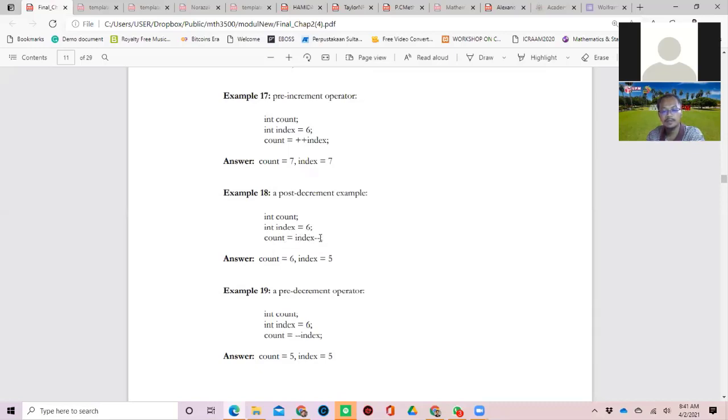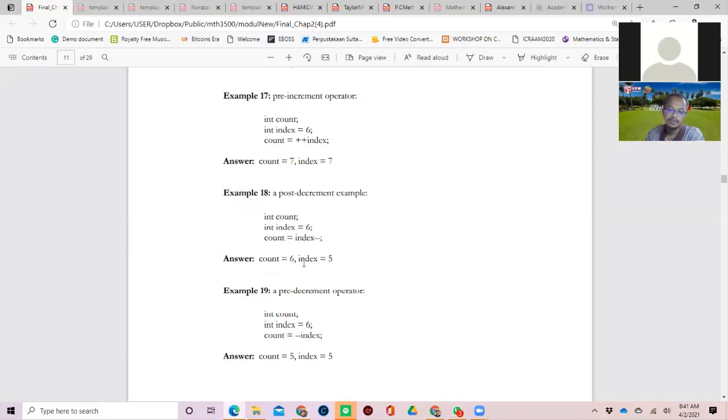Here minus minus is at the back, so the post, count is still 6. The value is the value of index 6, but the index value will be decreased and become 5 because of minus minus.